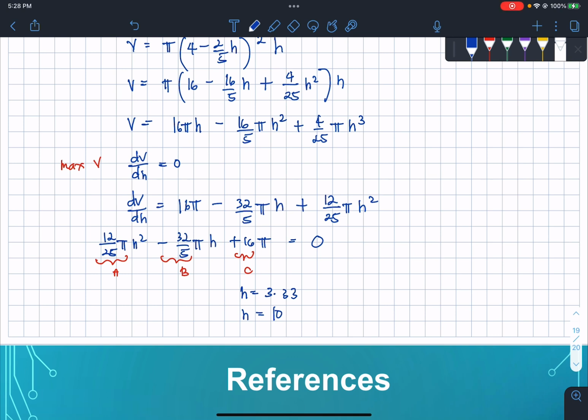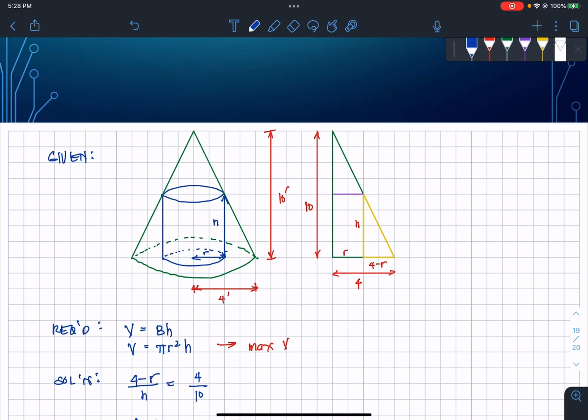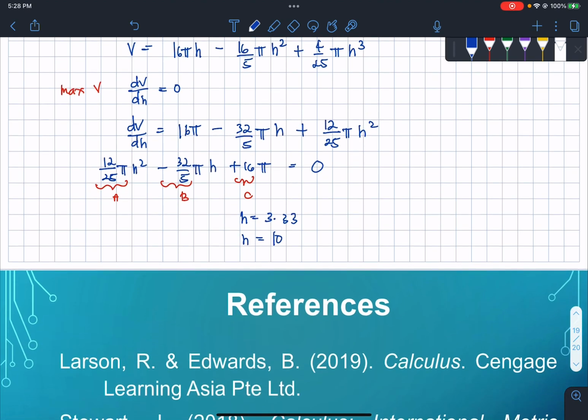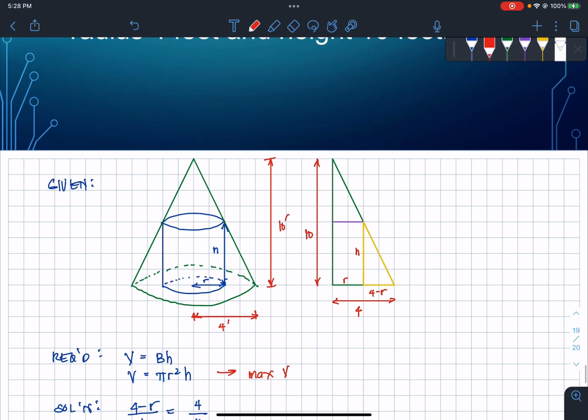So, but which one are we going to accept? Is it the 3.33 or the other one, which is 10? Okay, so we are finding here the height of the cylinder. Okay, so h equals 10 is absurd. It's because this height is the same as the height of the cone.